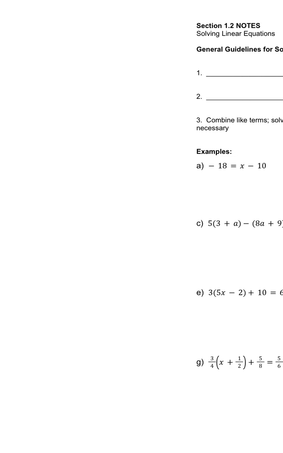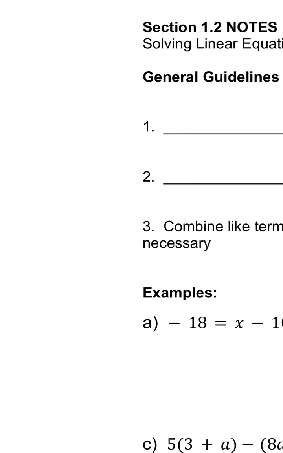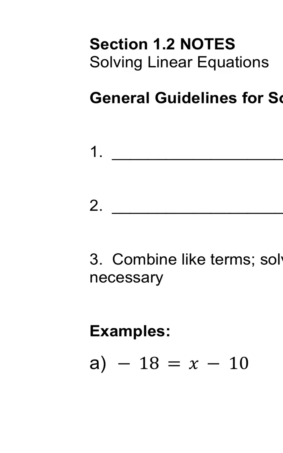Okay, I'm not going to do all of these problems with you. This one is a lot like what we've already done. So it's general guidelines for solving equations. We've done this, and you've done it in Algebra 2 before. But solving equations, so number 1, you simplify each side.